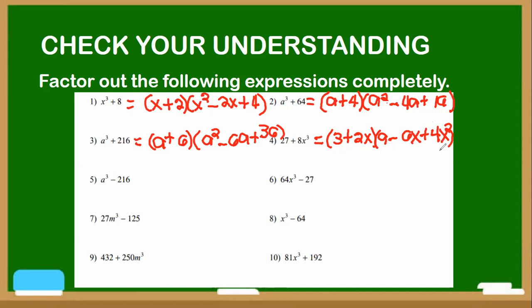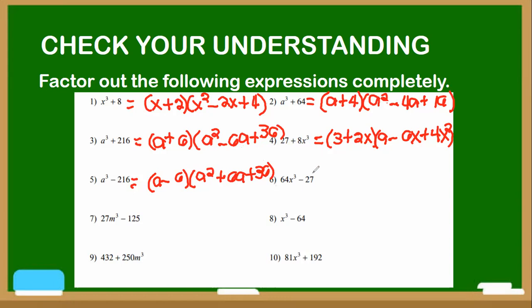For number 5, since this is a difference of two cubes, this will be a minus 6 multiplied by a squared plus 6a plus 36. So these are the factors. How many items did you get?